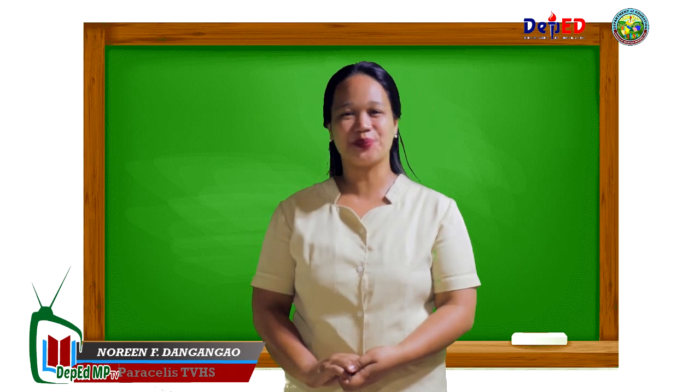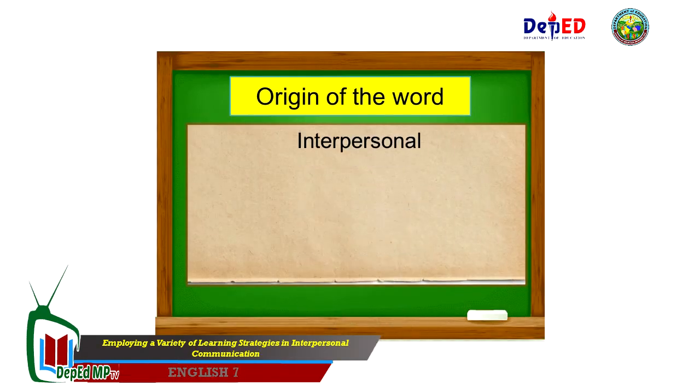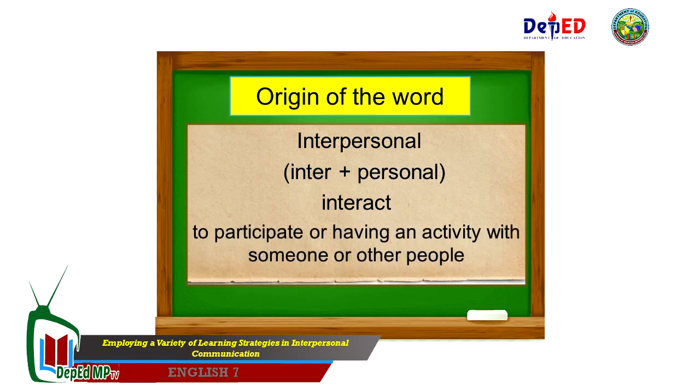What is interpersonal? The word interpersonal was first used in 1835, coining two words together, inter and personal. Inter comes from the word interact, meaning to participate or having an activity with someone or other people.